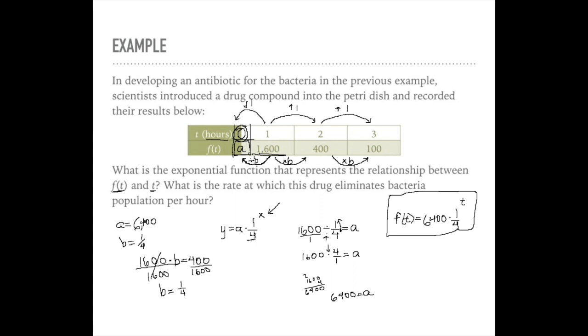So what is the rate at which this drug eliminates bacterial population per hour? Now you might be tempted to say 1/4 is my rate, but 1/4 is not the rate of decay, it's the multiplier. To find the rate of decay, we need to find what the b value is and how it is related to the rate.